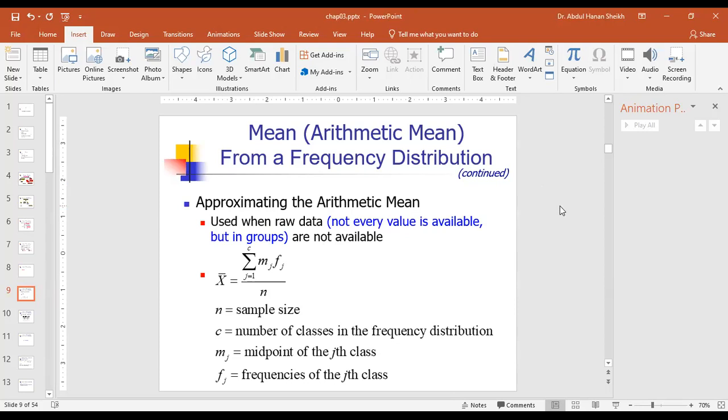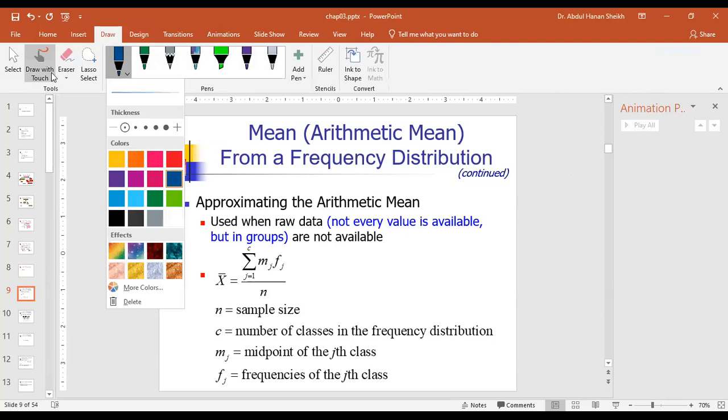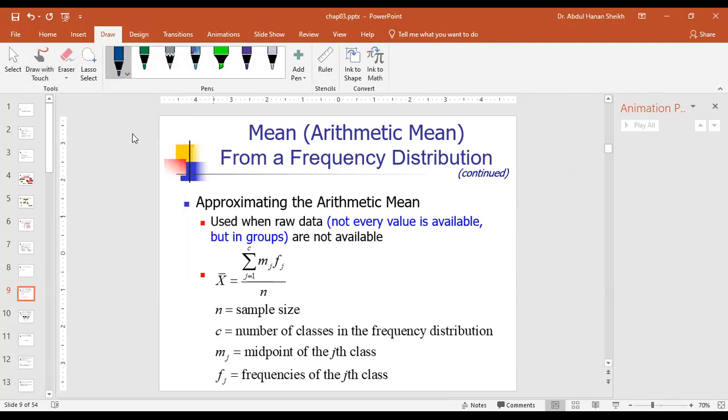In that case, we compute mean in this way, where you sum the midpoint of the class multiplied with the frequency, and then divide by the total sample size.